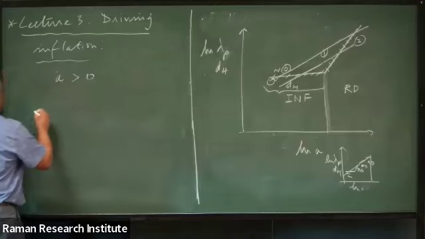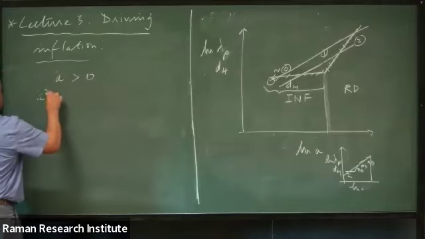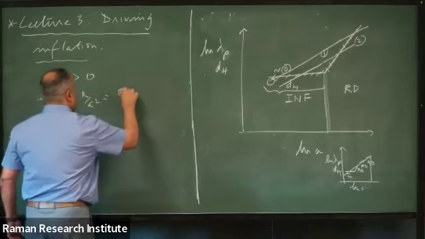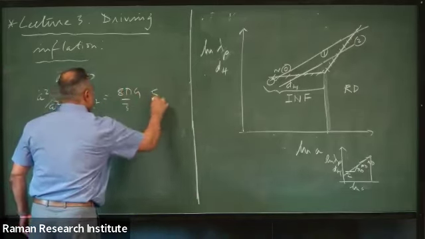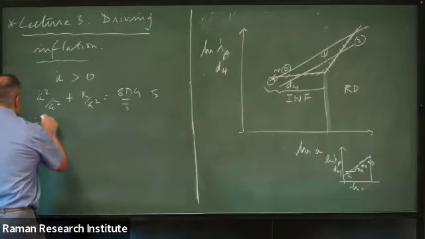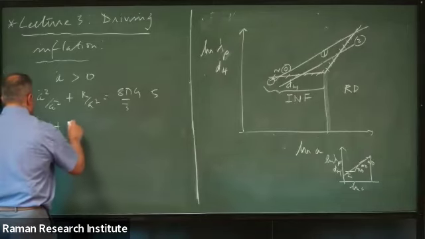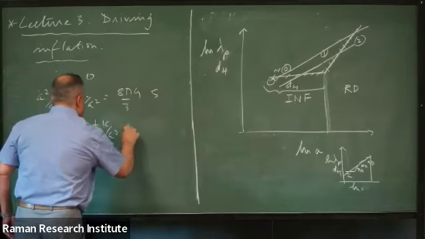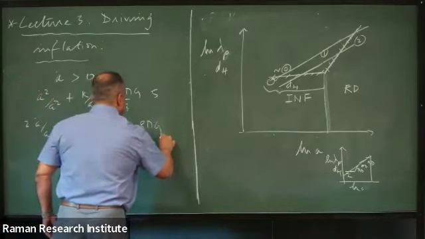Remember your two Friedmann equations: a dot squared by a squared plus kappa by a squared equals 8 pi G by 3 rho. And then 2a double dot by a plus a dot squared by a squared plus kappa by a squared equals minus 8 pi G p.